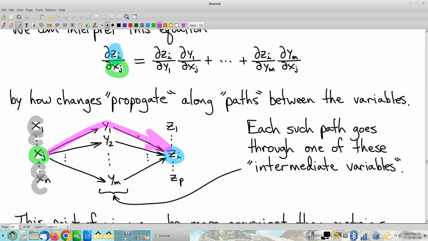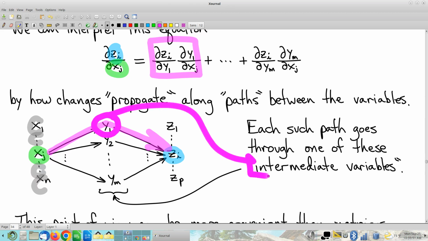Notice that each path gives rise to a term in your chain rule. Notice further that each path is associated to a single, what we might call intermediate variable, right? It's not one of the input variables. It's not one of the eventual output variables. Intermediate because it's one of the ones in the middle. It's one of the ones that the changes have to pass through.